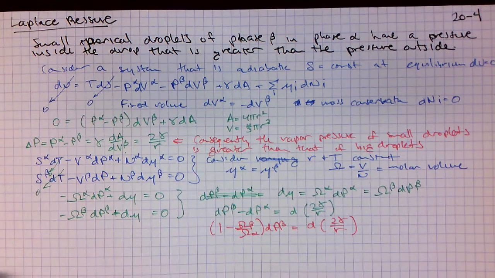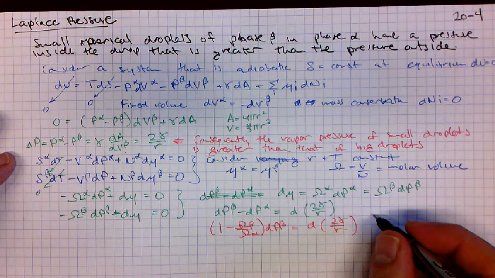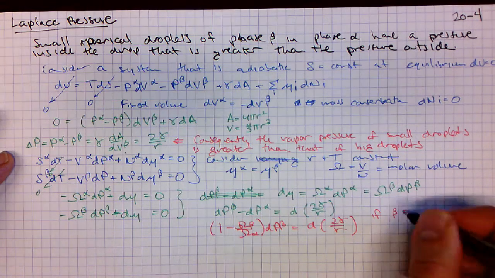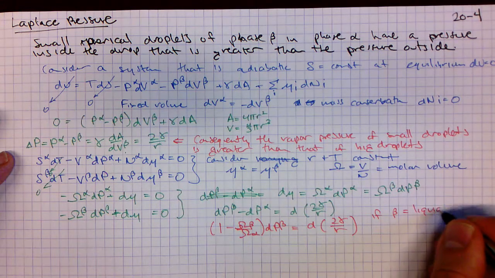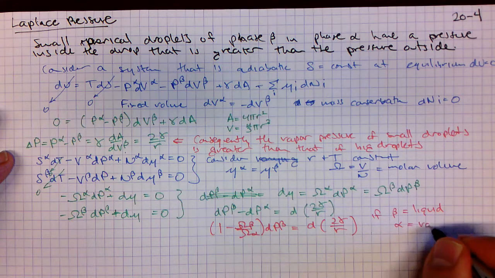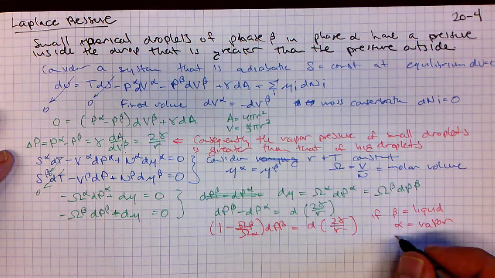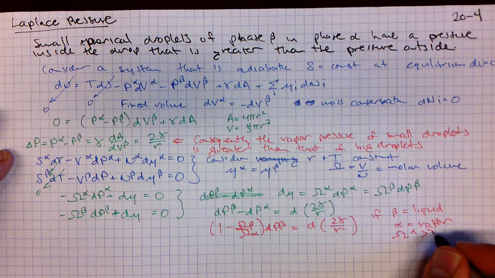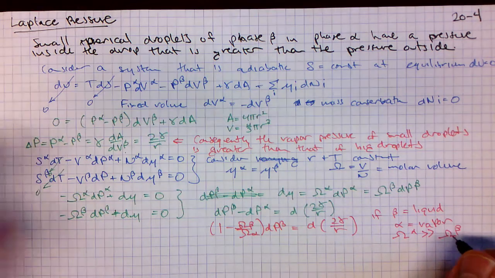Okay, so if we further assume that beta is a liquid, so it's a liquid droplet, and alpha is a vapor, then omega alpha is much greater than omega beta, right?